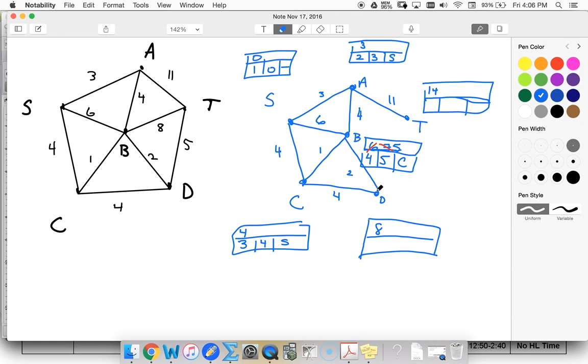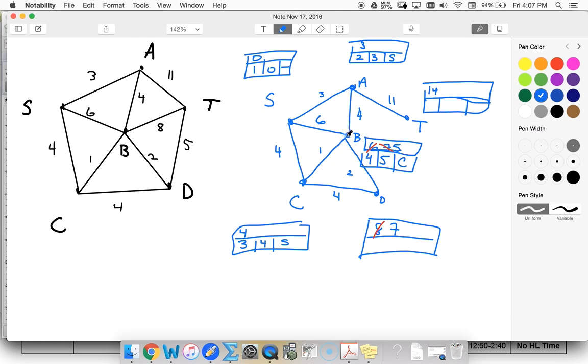To get to D coming this way with what I just drew, I would have 4, 1, 2, which makes 7. So now I have 7. Remember, we did the 4, 1 because that was how we got to the 5.